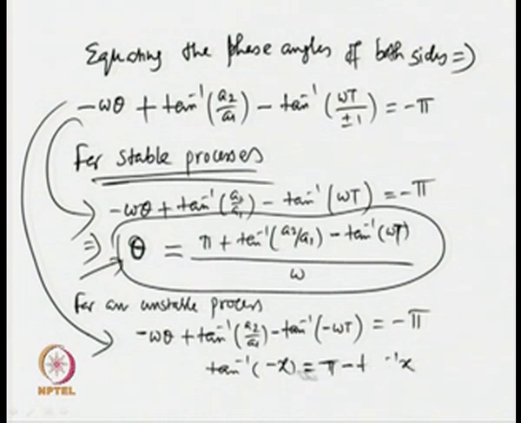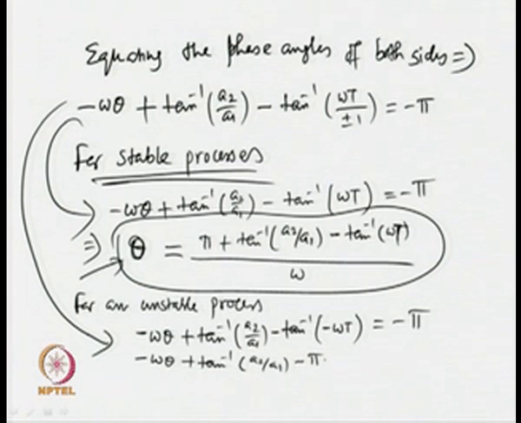So, using that identity, it is possible to write this further as minus omega theta plus tan inverse A2 by A1, now it will be minus pi plus tan inverse omega t is equal to minus pi.